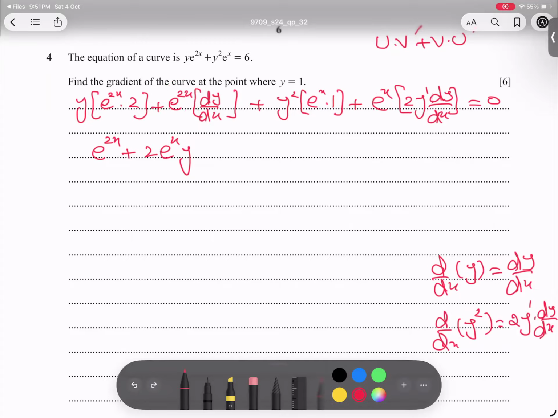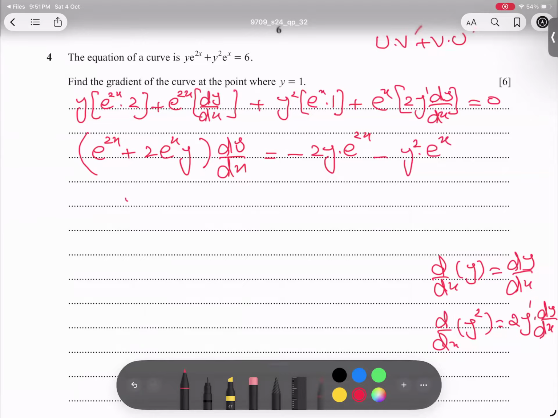I will take common out and dy over dx is outside. And these two values I will bring on the right hand side. So when this goes there, it turns negative 2y e to power 2x. When it goes on the other side, it becomes negative y square into e to power x.